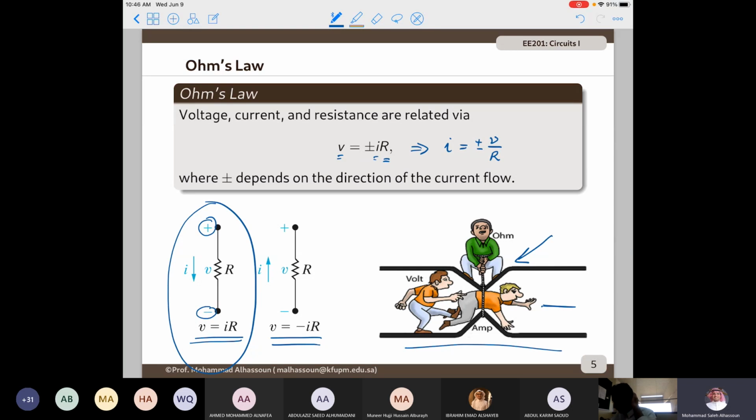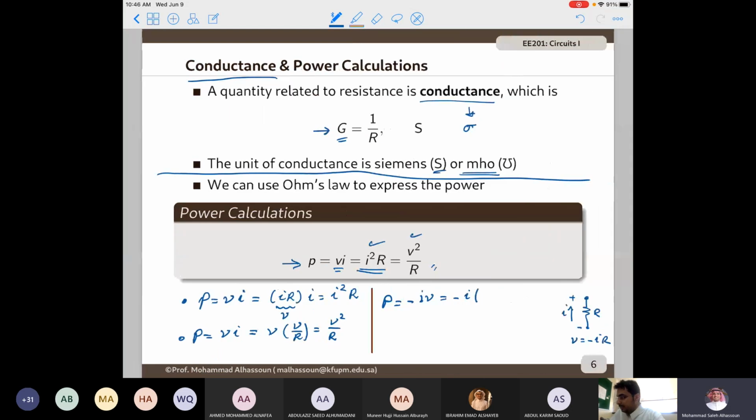Yes, negative I multiplied by R. So if we expand it, we will get I squared multiplied by R. We can do the same for V squared divided by R. So we'll end up with P always being positive.